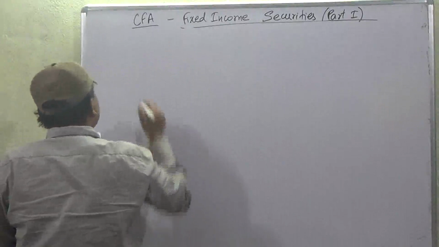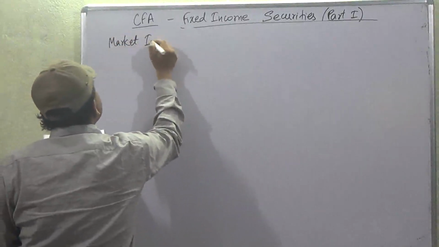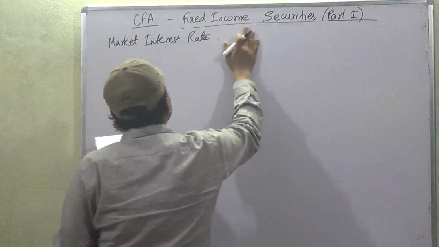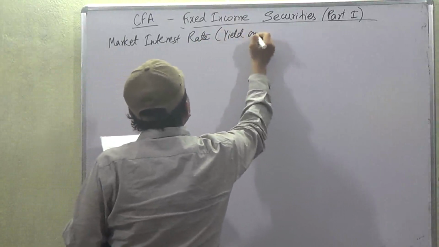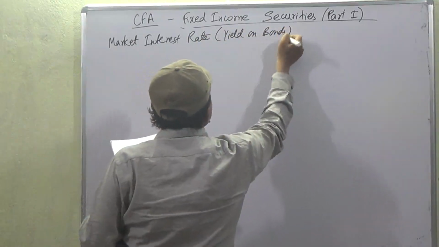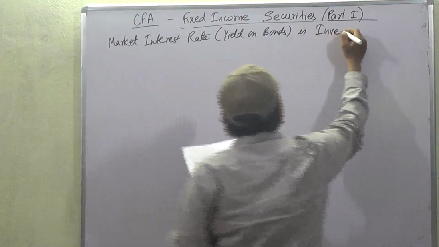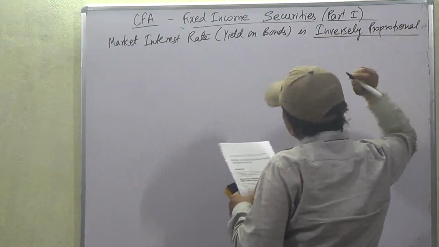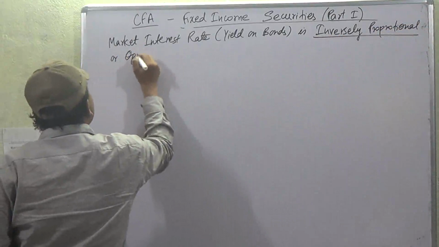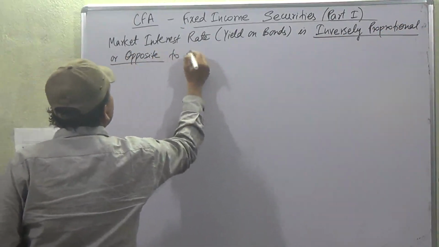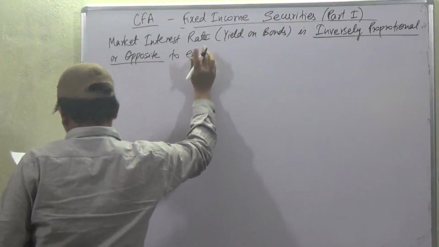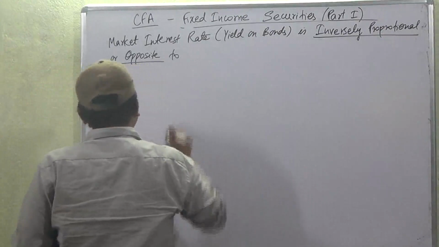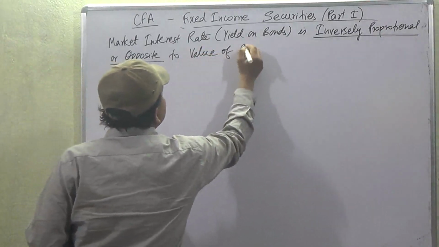Here you could write one more point: market interest rate or yield on bond is inversely proportional, or opposite, to the value of the bond.